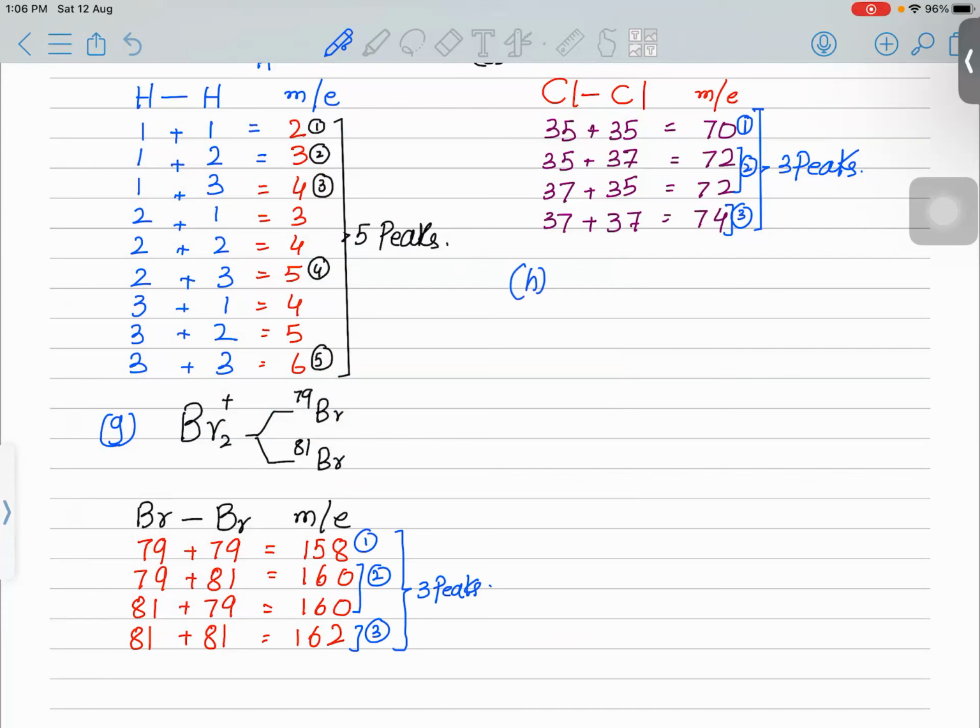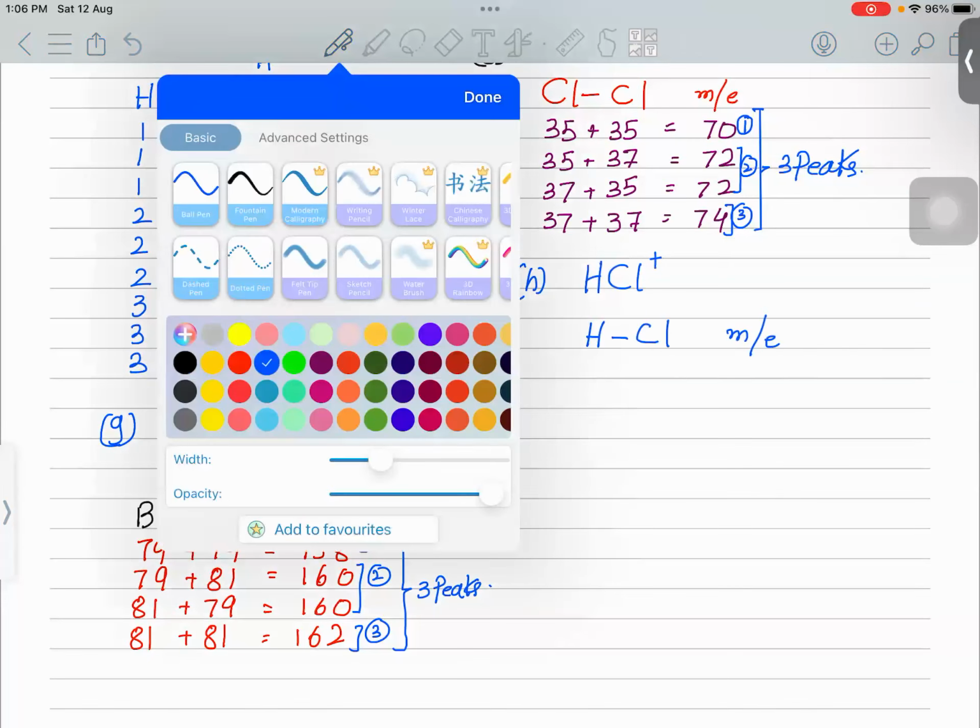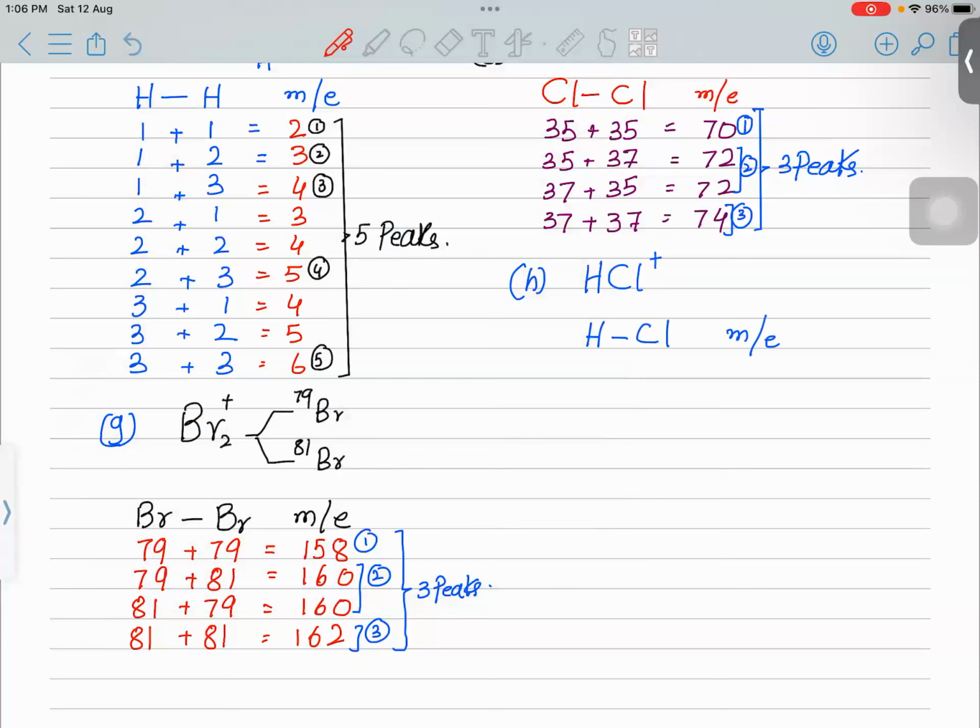Now next is HCl positive. Now it's your turn. Can you tell me how many possibilities for HCl? Hydrogen has 3 isotopes, chlorine has 2 isotopes.